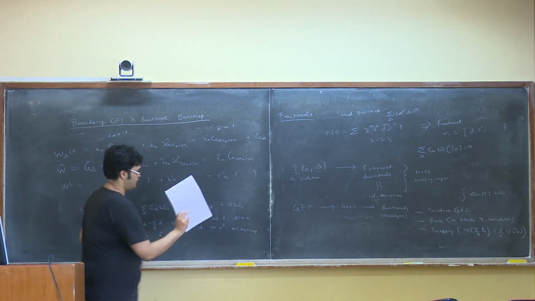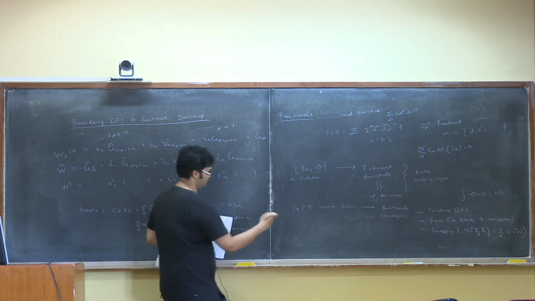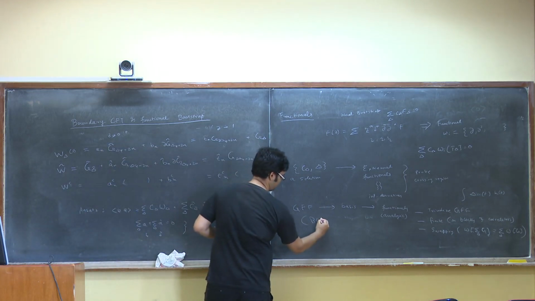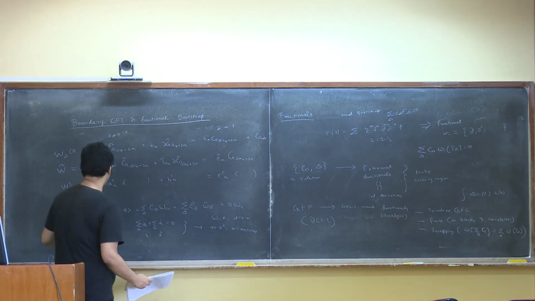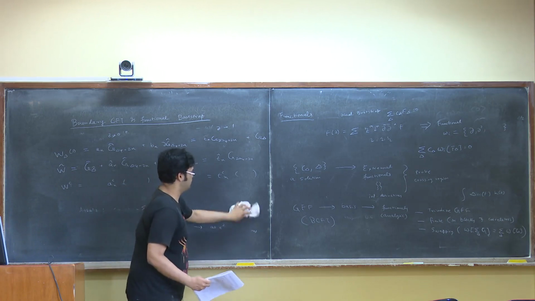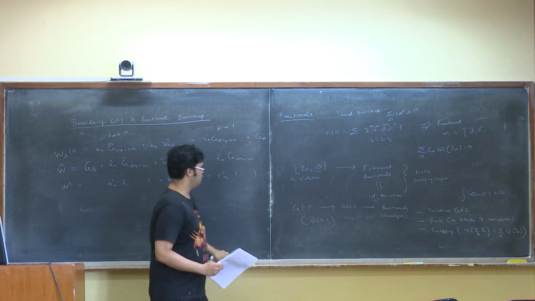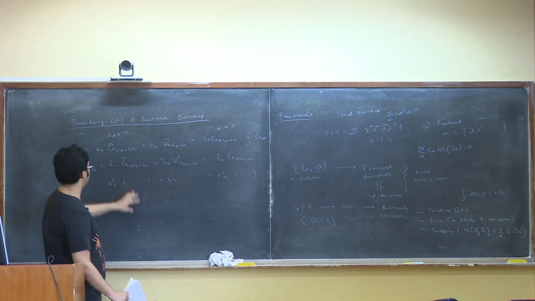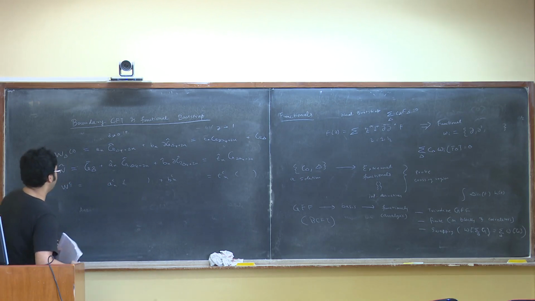Now, the first thing is how to identify the correct basis. And I will do this whole thing for BCFTs, by the way. So to identify the basis, look at the following system of equations for the Witten diagrams that I already wrote down.